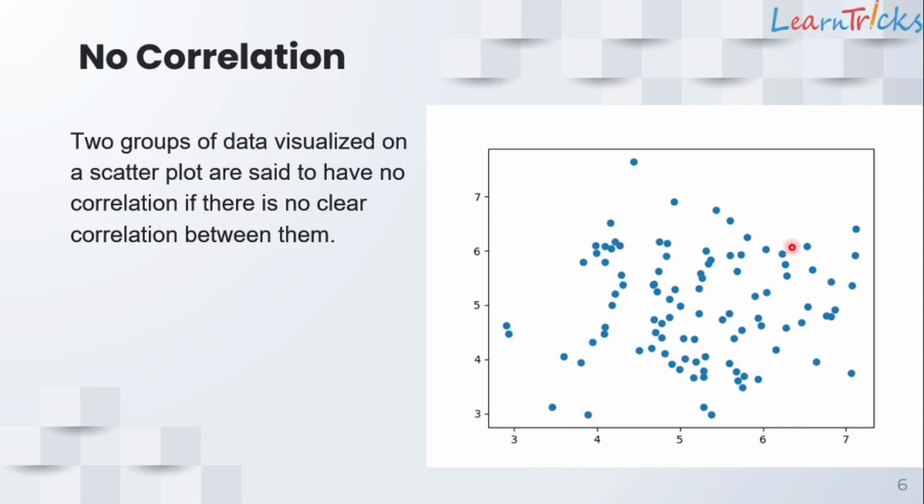They are not grouped together in any one fixed manner. For the value of 5 on the x-axis, there are all the values on the y-axis. So from here we cannot find any relation. That's why this scatter plot is called a no correlation scatter plot.